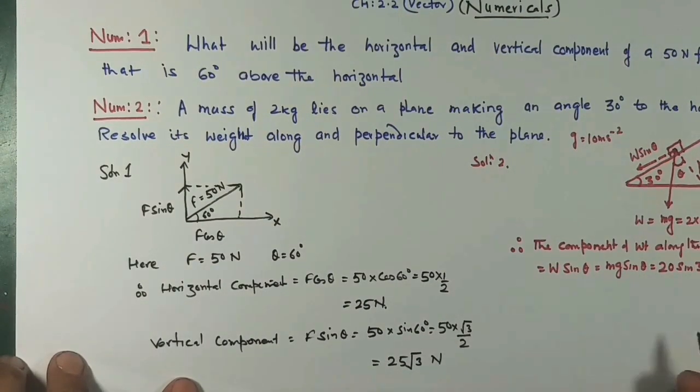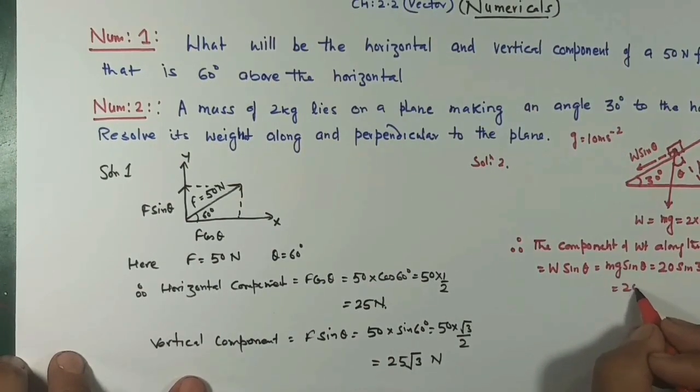And as we know, sine 30 is equal to 1 by 2, so it comes out to be 20 into 1 by 2 is equal to 10 Newton.